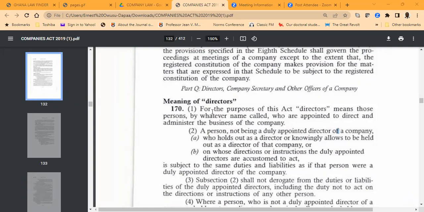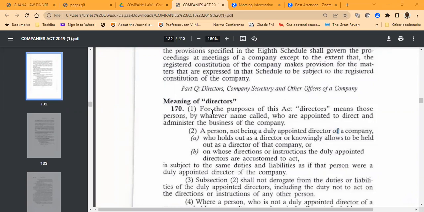I'm referring to Mr. Adaje's book, especially the chapter on directors, which is chapter 13, from page 534 up to page 708. I think it will be a useful supplement to the discussion that we are going to do.